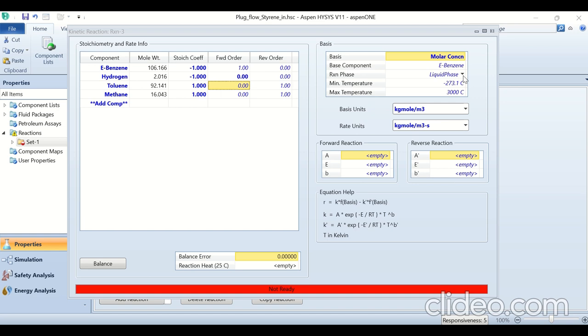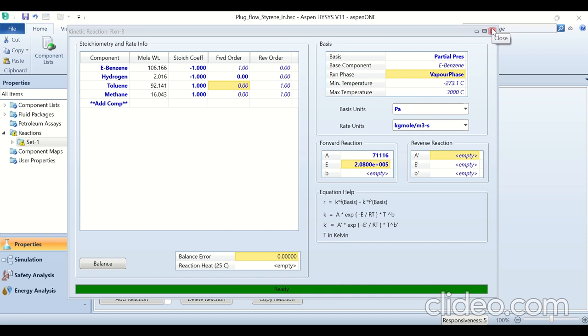Here for the basis, select the partial pressure, and the phase is vapor phase. This A is given as 7.116, and this is 208 kilojoule per mole. Okay, so you can see this is ready as well.